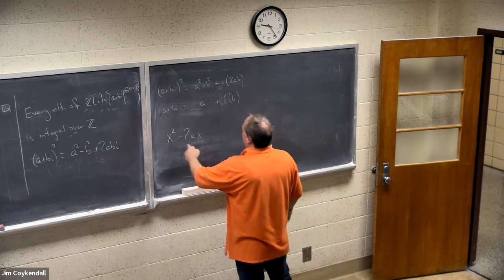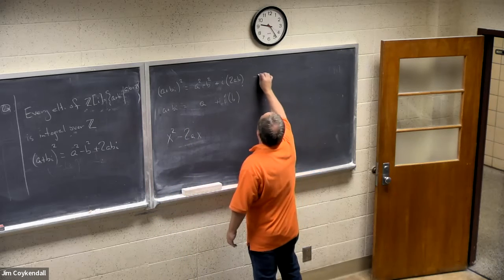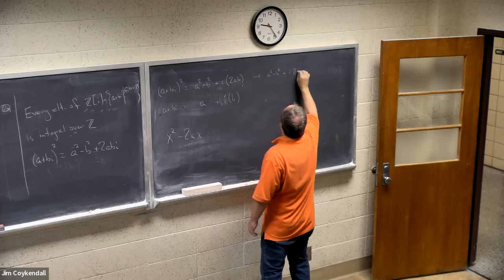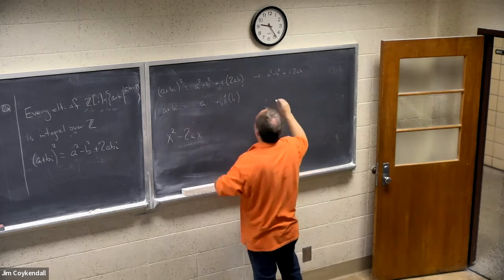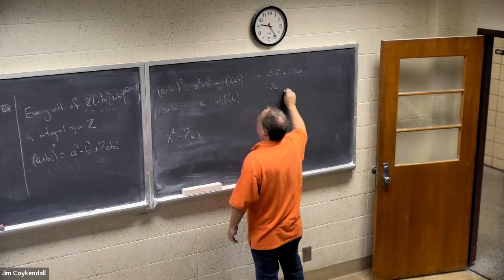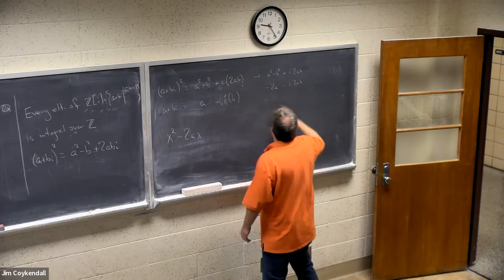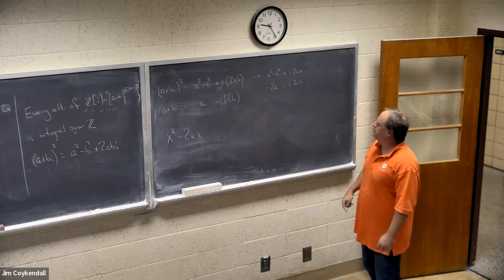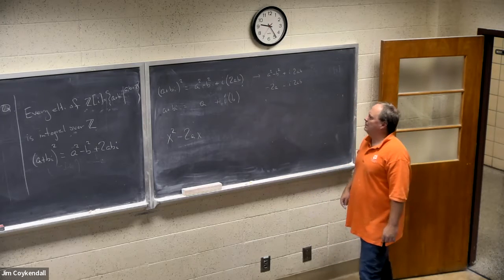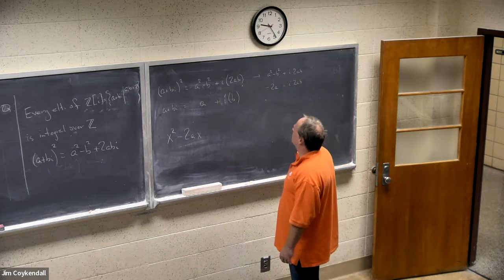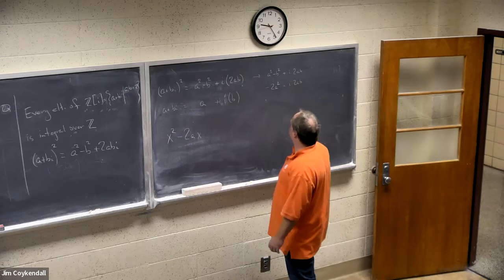So what happens when I have x squared minus 2ax? I'm going to have a squared minus b squared plus i 2ab, minus 2a times this, minus 2a^2 minus i 2ab. So I'll put that together. Right, 2a squared. Thank you.